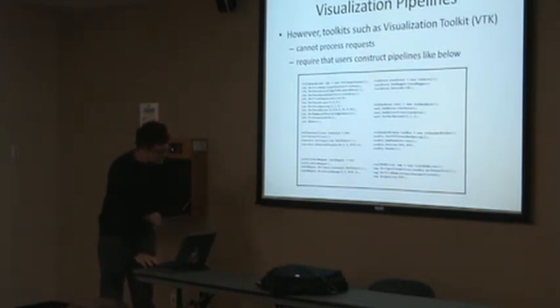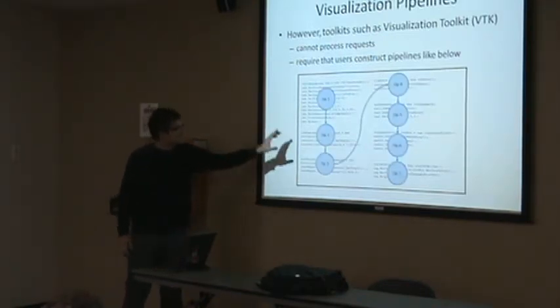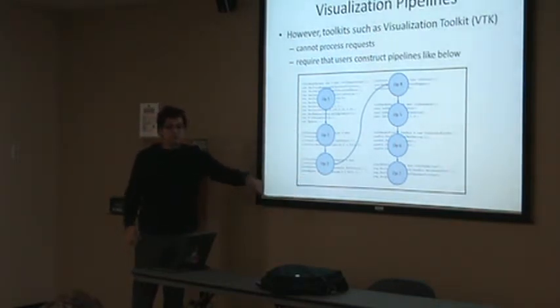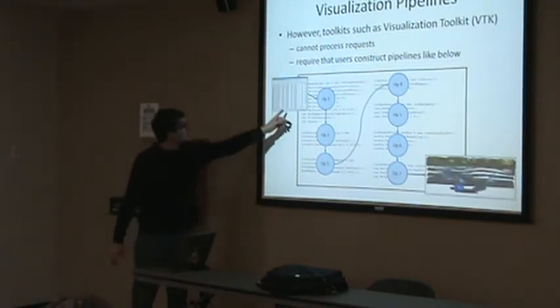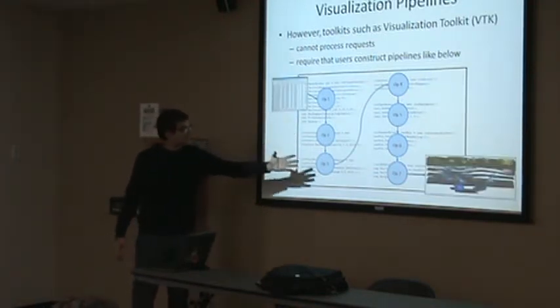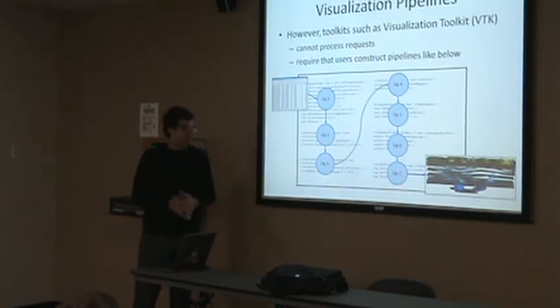A visualization pipeline is very simply, here's the code for a pipeline, but we'll abstract that out a little. A pipeline is simply a set of visualization operators that are chained together. So the data flows between the operators, and each operator does some transformation process. If you see, the first operator would consume the input data. By the time it was processed by operator 7, it would generate those isosurfaces.